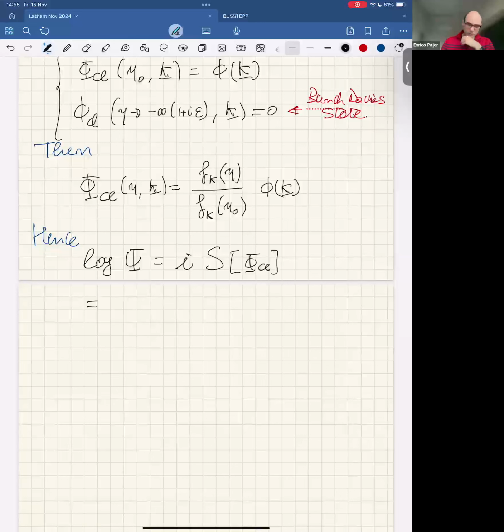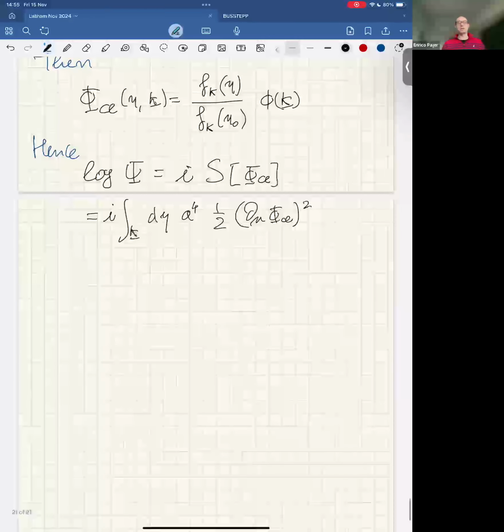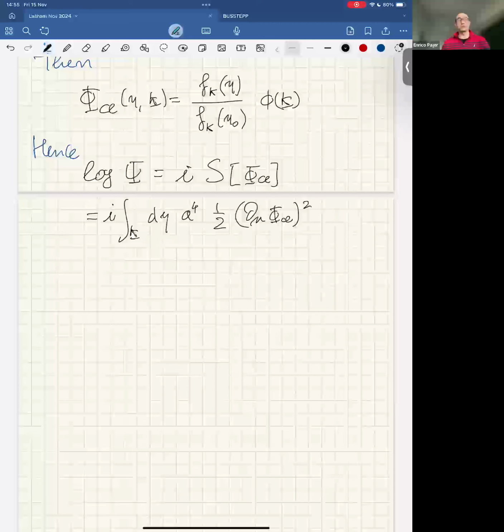Okay, what is the action? For a free scalar field, the action is the integral in d3k, integral in d eta, square root of g, which gives me a to the minus 4, 1/2 d mu phi classical squared. Okay, in principle, I can just take the function phi classical inside this and see what it gives.